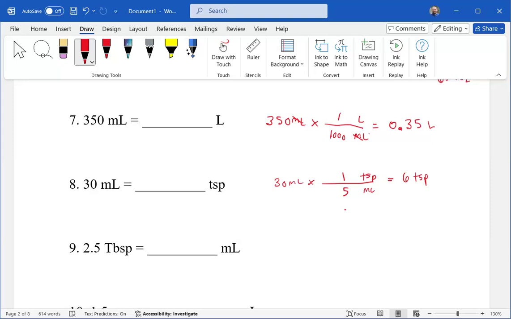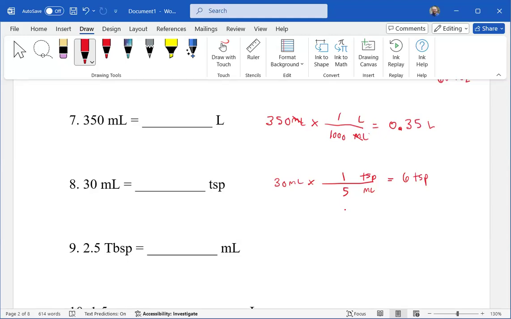If you got a number like 6.6666666, you would just round to the nearest tenth, even though you may not technically be able to measure out a tenth of a teaspoon. But there are half teaspoons and things like that, so I don't think you need to stress about that too much.